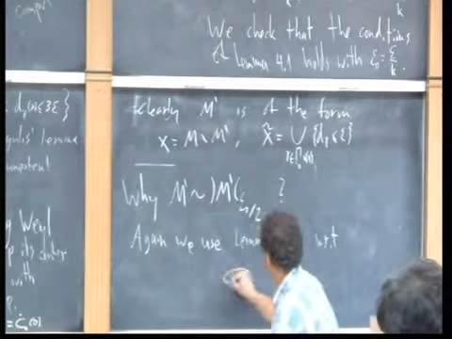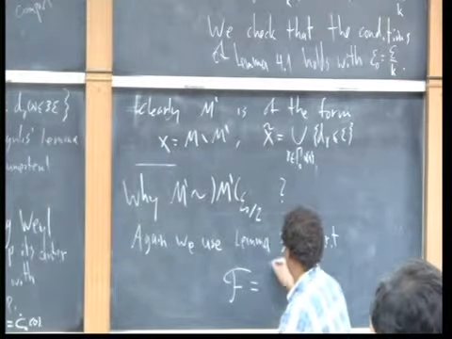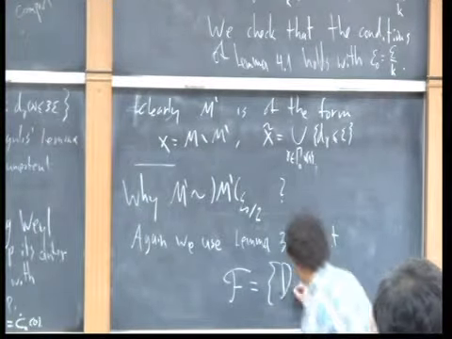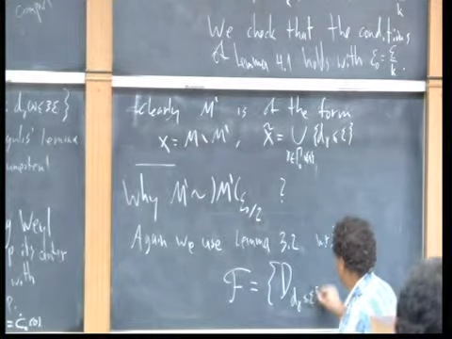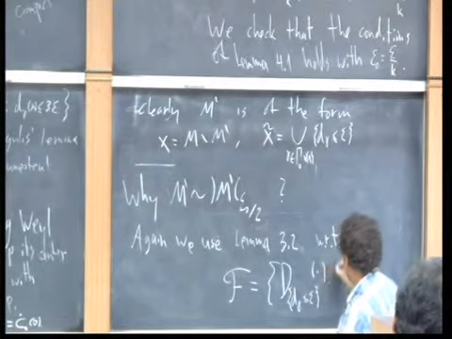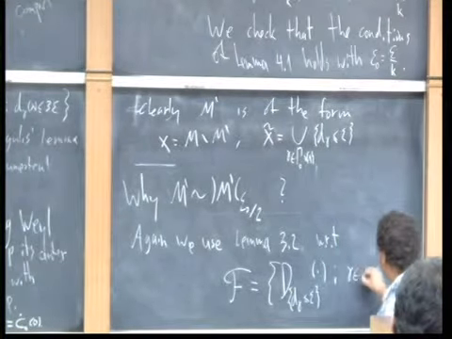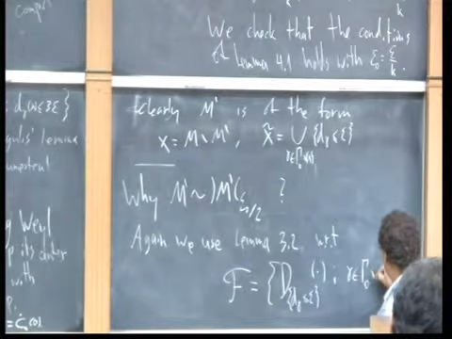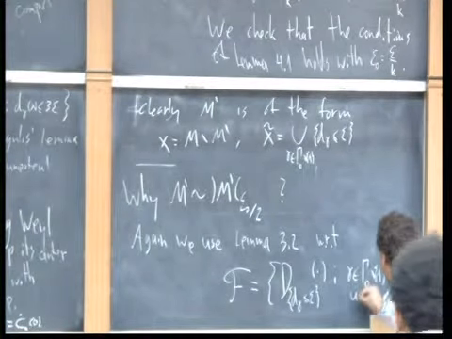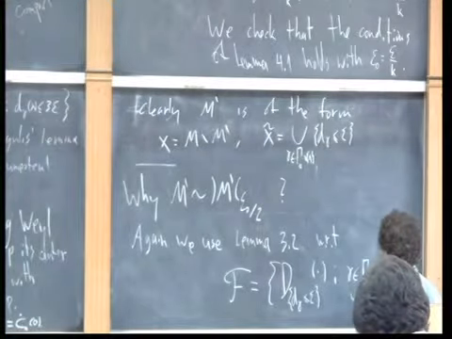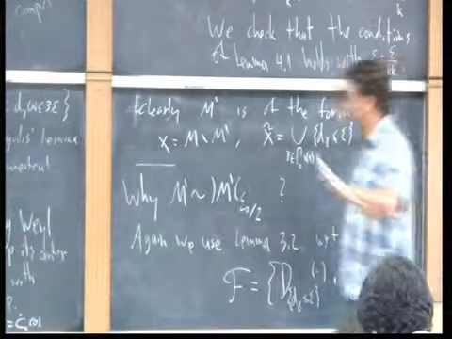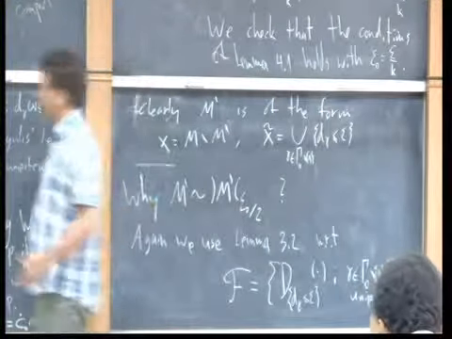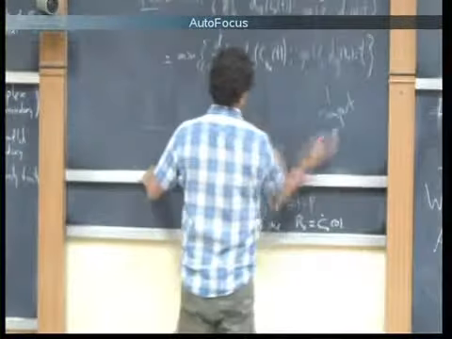So f is the distance function from the sets d gamma less than or equal to epsilon, where gamma belongs to gamma naught minus identity, uniformly. And it's locally finite. I only need to tell you what the direction is and what the function beta is.